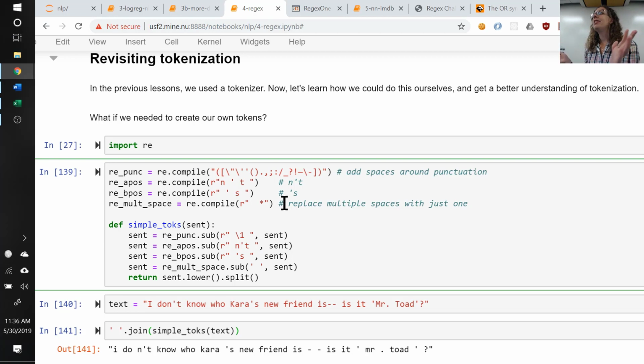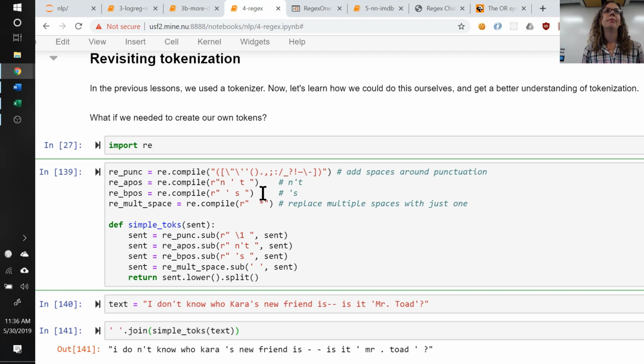N apostrophe T shows up a lot: didn't, don't, wasn't, wouldn't. It has a specific meaning, right? It's a shortened version of not. So we might want to pick that out. Apostrophe S has a particular meaning. It's showing the possessive of something.